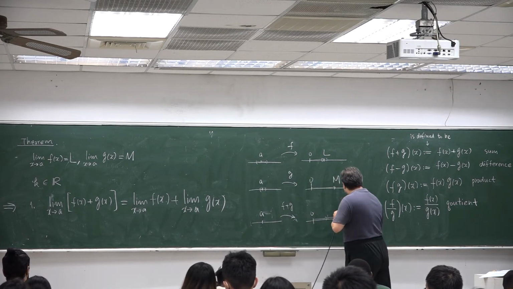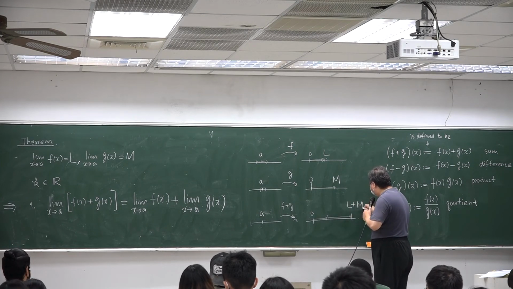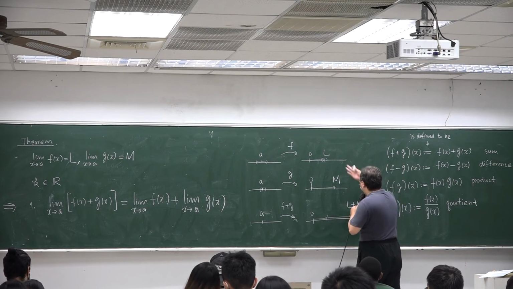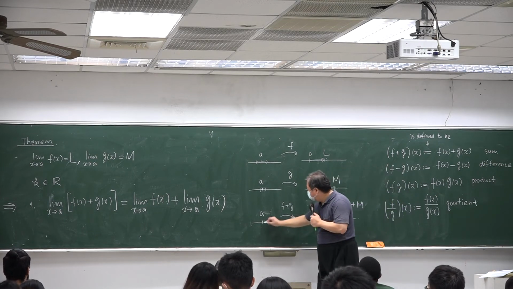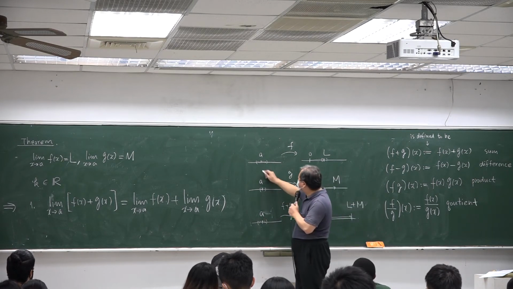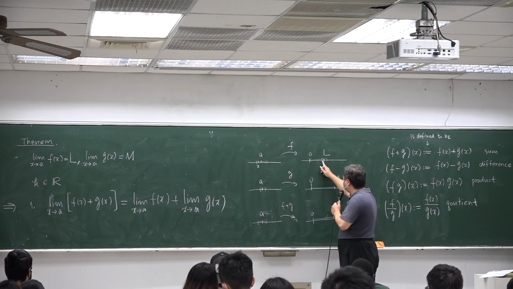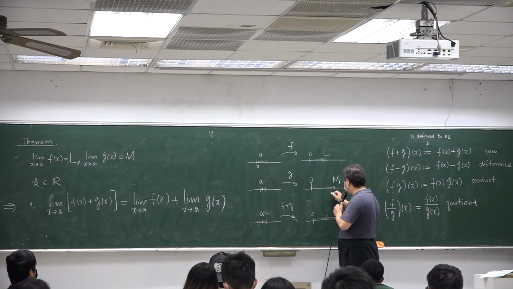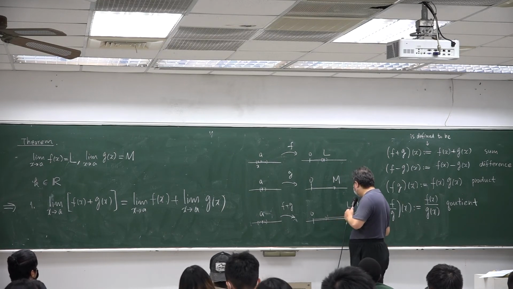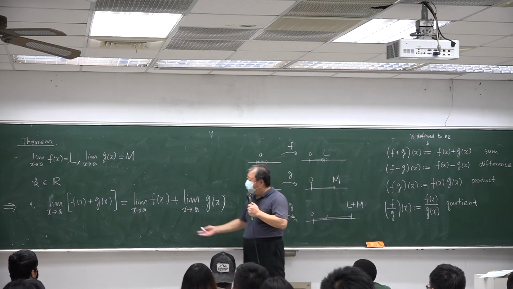Then we want to add these two numbers. And what is the sum? The sum of L and M. Again, if x is nearby a, f's value is very close to L, g's value is very close to M, then the sum should be very close to L plus M. This phenomenon is written in this form.